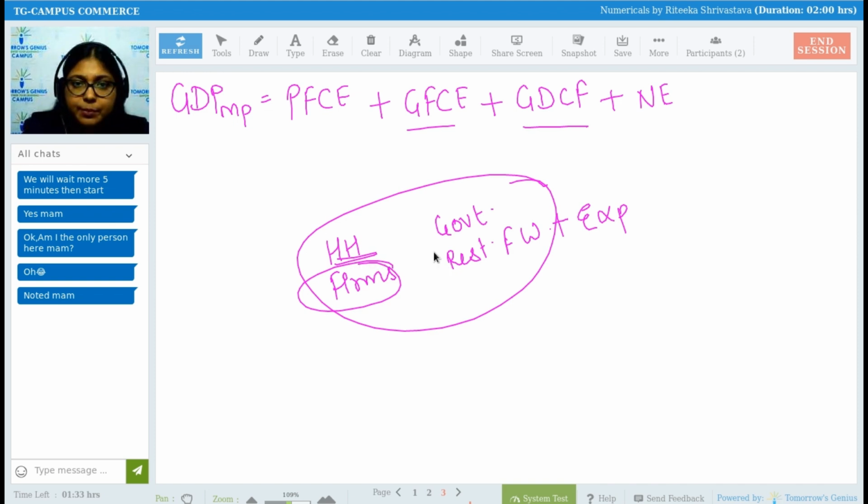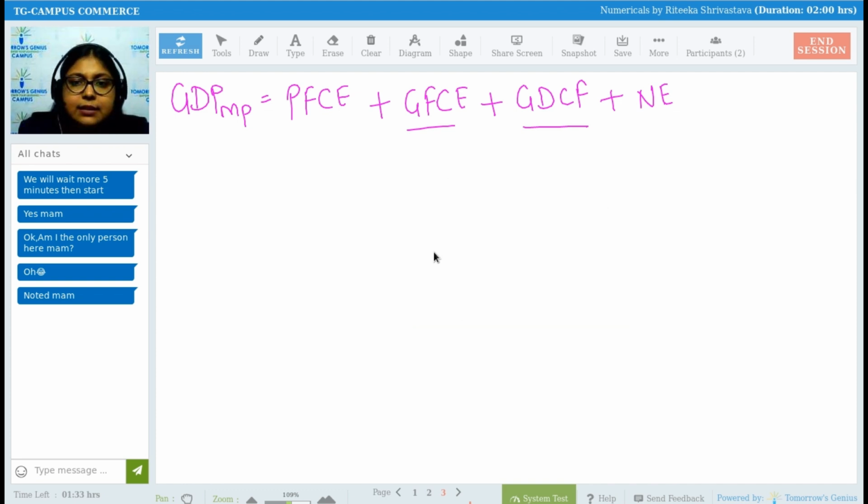When firms do investment, it does some kind of capital formation, so that is nothing but GDCF. Net export is nothing but the difference between export and import, so that means net export is exports minus import. Okay, so this is the formula for that.